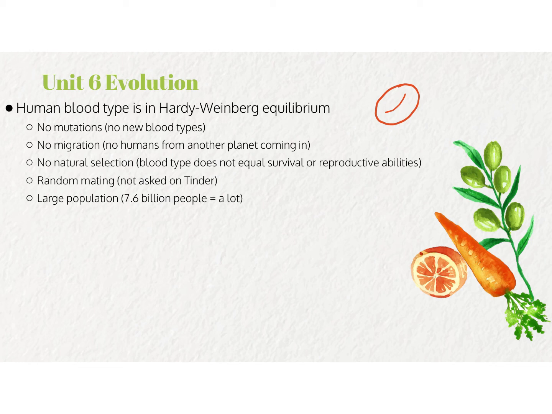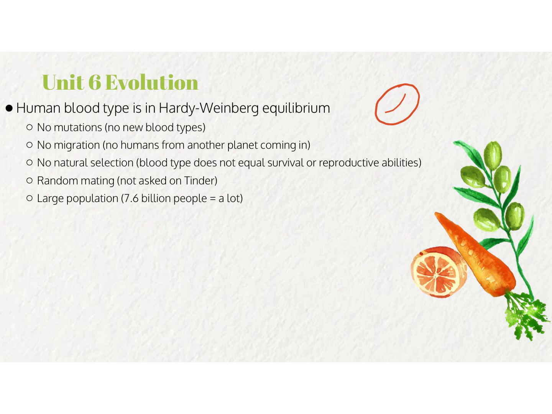So let's take a look at the conditions and how this human blood typing, the A, B, and O blood typing, is in equilibrium for the human population. Number one, remember that for Hardy-Weinberg equilibrium, there can be no mutations.